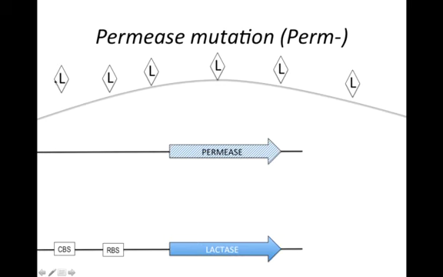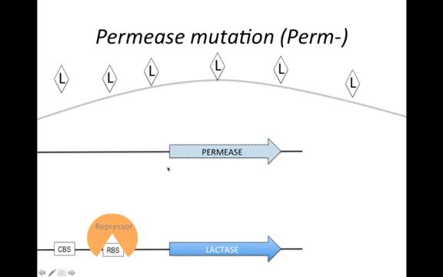In the presence of lactose in the environment, it still cannot get into the cell because we don't have a functional permease, and so the repressor is still going to bind. So despite that there's lactose available, it's not actually available to the cell, right? Because it can't get into the cell where it's needed. It's needed either to be digested by lactase or to block binding of the repressor.